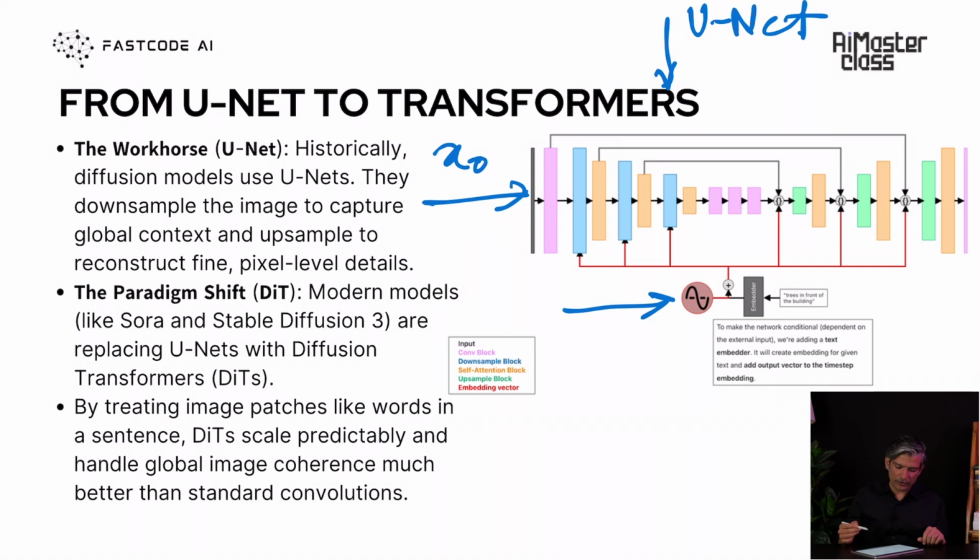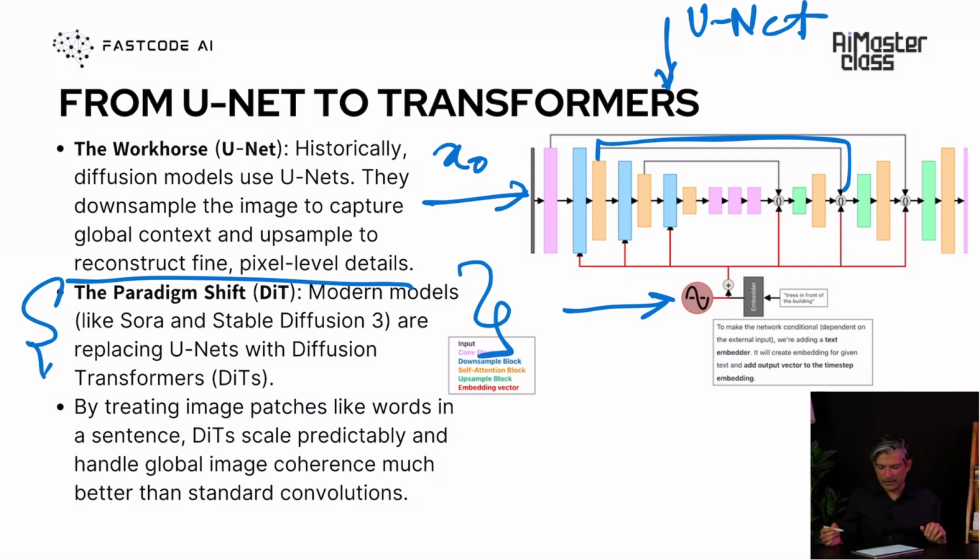So this is the kind of network you use, and they downsample the image to capture global context, and then upsample again to reconstruct the fine pixel-level details, and you don't lose information while doing it because you have these skip connections.